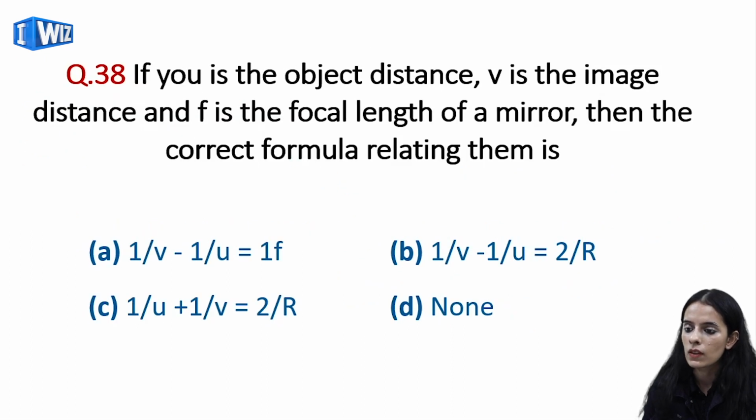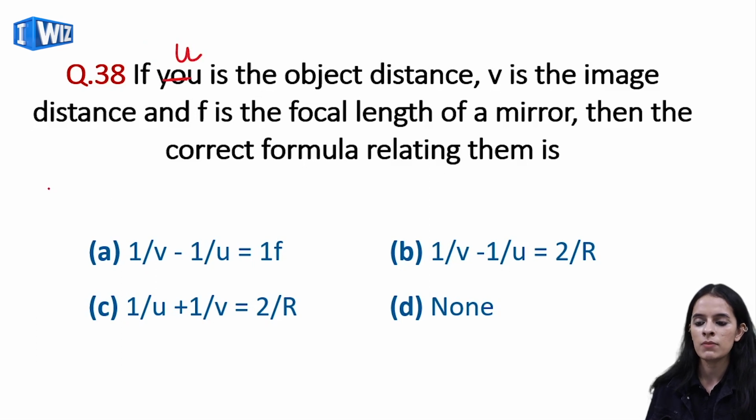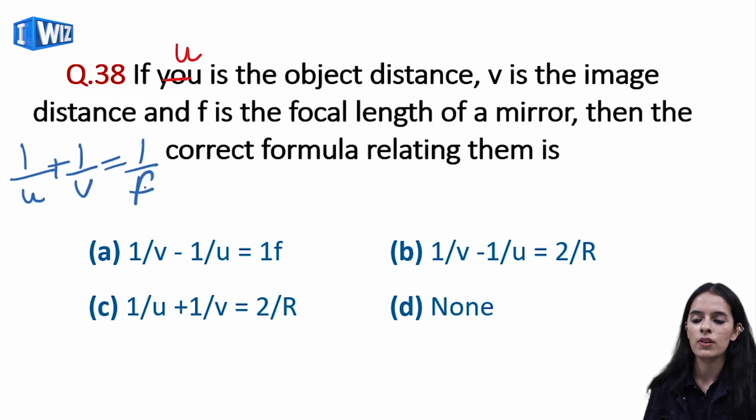Next, if u is the object distance, v is the image distance, and f is the focal length of a mirror, then the correct formula relating them is... We know that in case of a mirror, we apply 1 by u plus 1 by v is equal to 1 by f. So you have to choose the correct one. In this case, it's wrong because here there's a minus sign. In this case, it's also wrong.